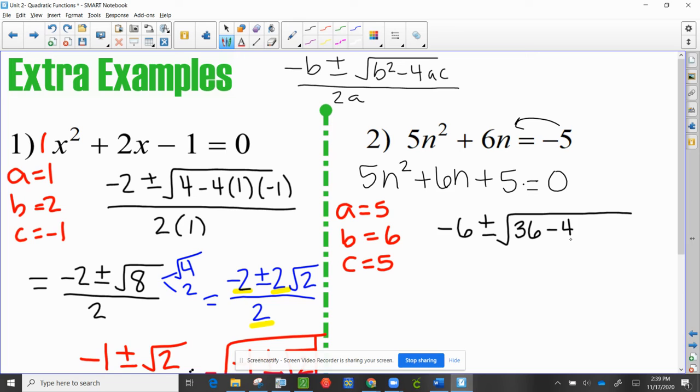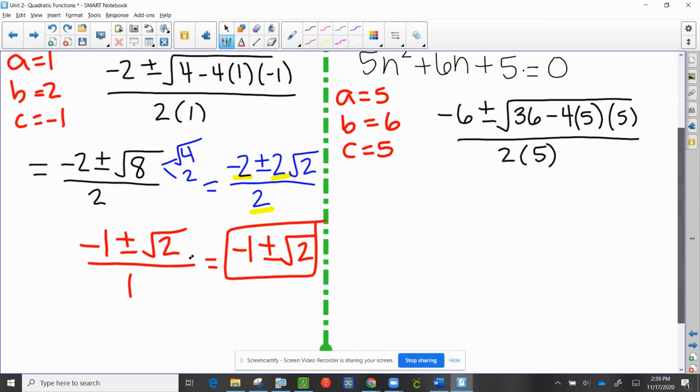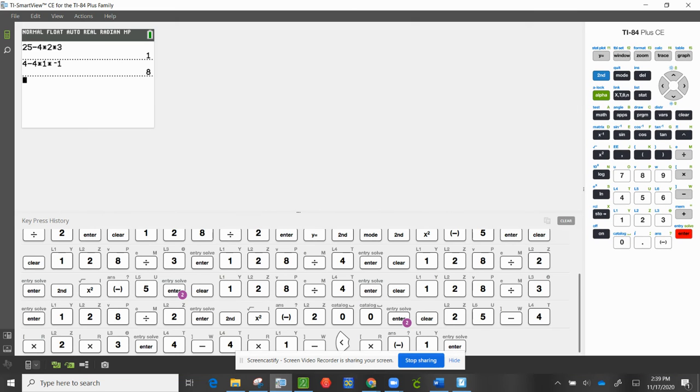And you can use your calculator for that also. I just figure if I can do it in my head, that saves me a step. But so now we have 4 times a times c, all over 2a. So all over 2 times 5. Okay, so now we just have to simplify this down and we're done. So I'm going to use my calculator.